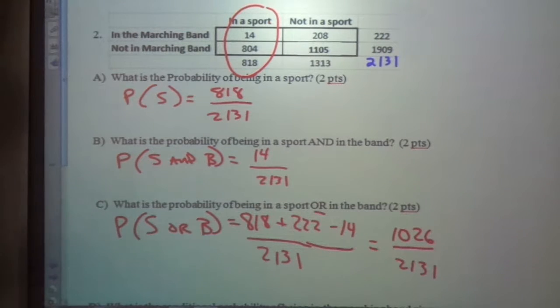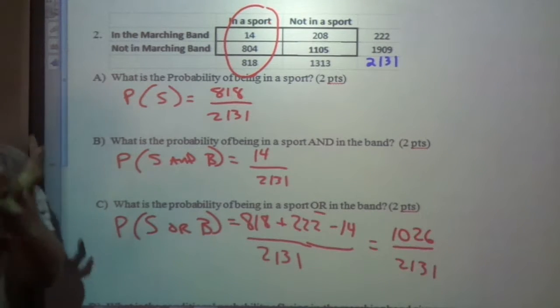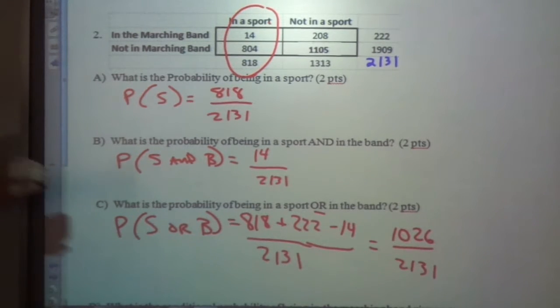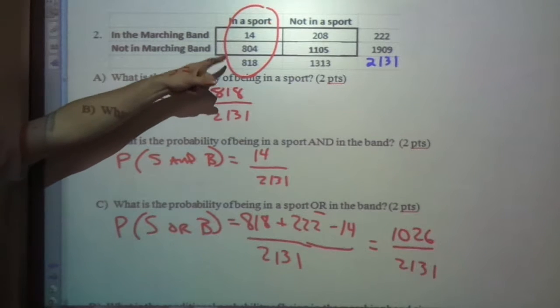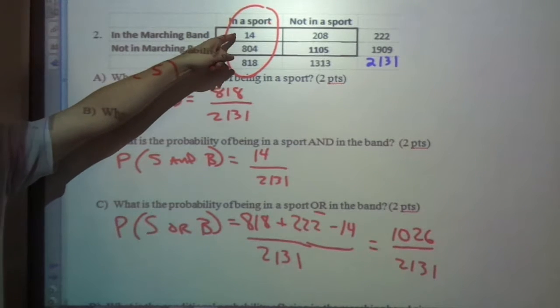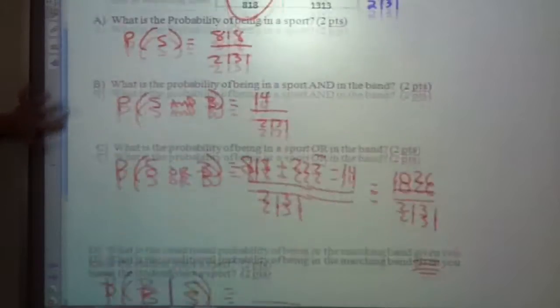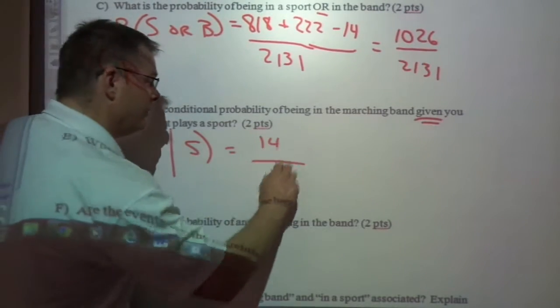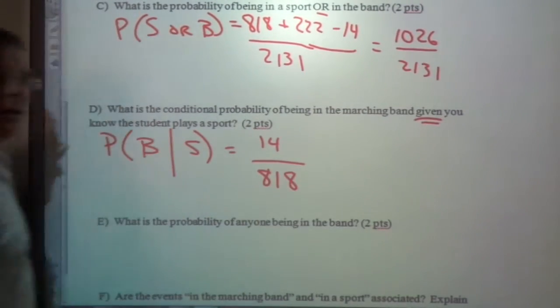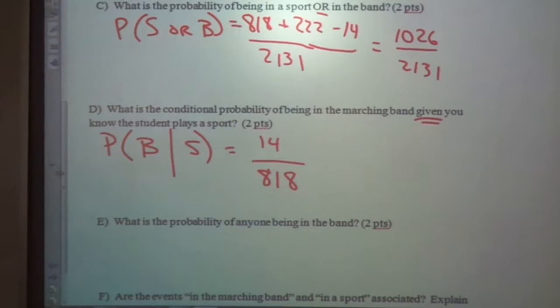We know that they play a sport, so we're just going to ask those people. And what's the probability that one of those guys is in the band? 14 out of 818. Not out of everybody, just out of that smaller group. That's conditional probability. You know something about it first.